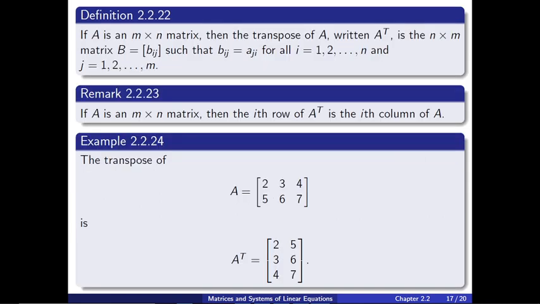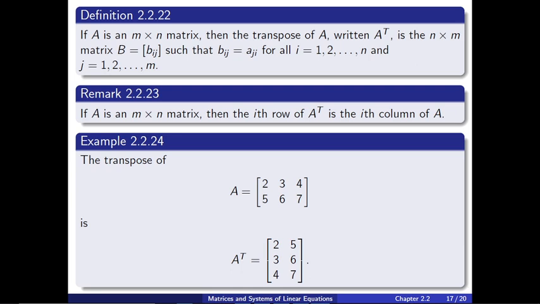Right. So those are some of the properties that hold in real numbers but don't hold for matrices. So let's get on to another way of creating new matrices.